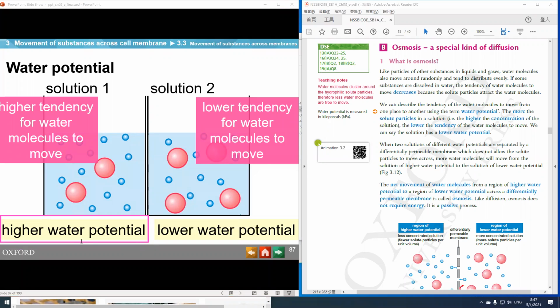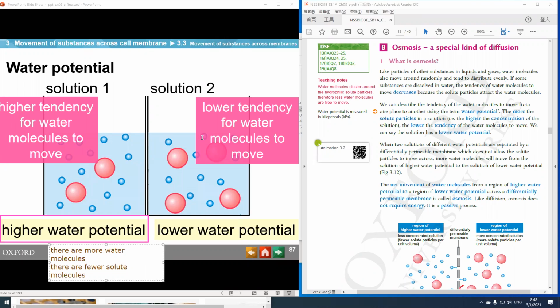High water potential means there are more water molecules, there are fewer solute molecules.